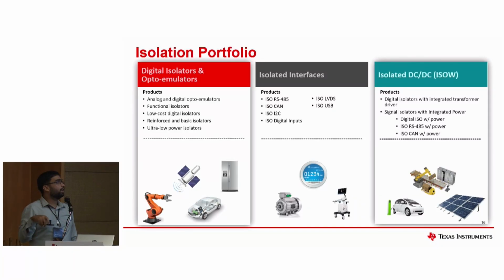And the last one here is isolated DC-DC, where there is also a small split. One is the digital isolators in the device with a transformer driver. The transformer driver is used to drive external transformers in case our signal isolators with integrated power don't suffice the load requirements of the customer on the secondary side.